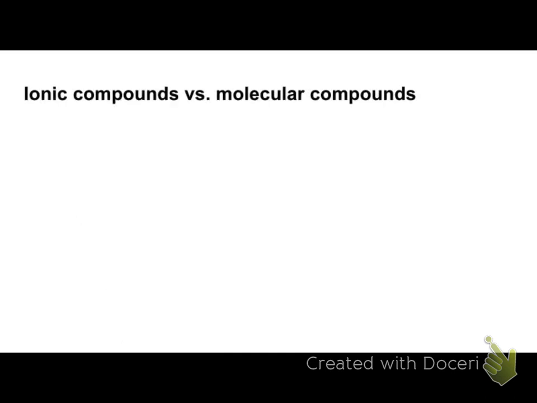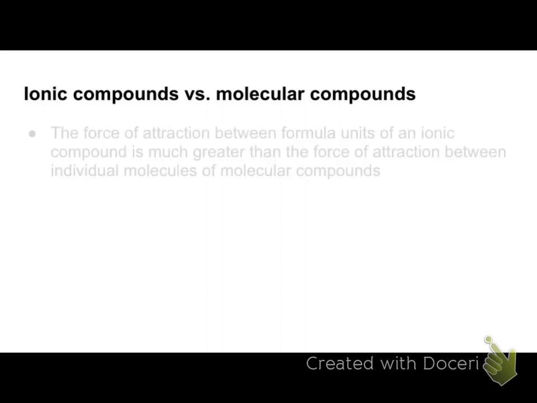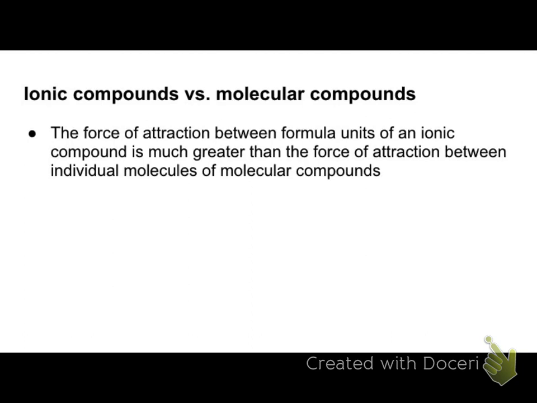Okay, now that we understand ionic bonds and how they form, let's talk about differences in ionic compounds and molecular compounds, specifically in their properties. Basically, the differences in the characteristics between these two come down to the strength of the bonds at their base units.